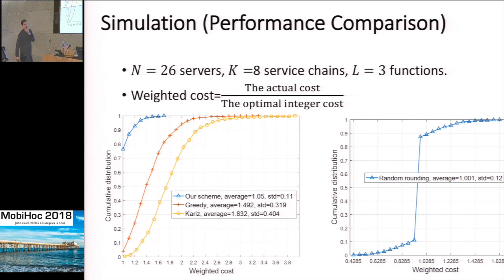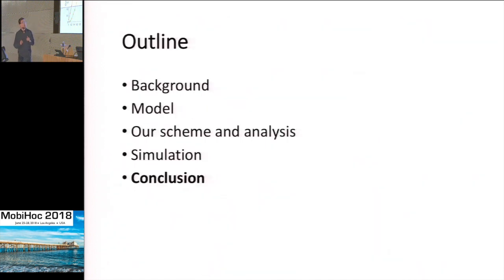The second figure shows the weighted cost and the cumulative distributions if you use random rounding, another state of the art that people use in the current literature. One thing I want to highlight is that although they come with some solutions, they violate the constraints. In particular, 85% of these 1,000 instances that we tried violated capacity constraints.